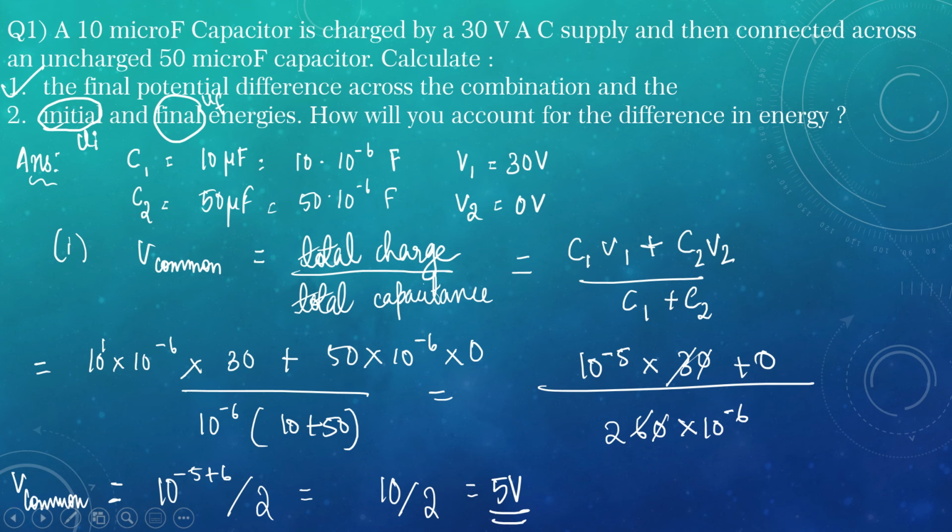Ui is equal to, we have different formulas for finding the energies, and from there I'm choosing half CV square. Since it is the initial energy that we are finding, we are going to take the first capacitor.